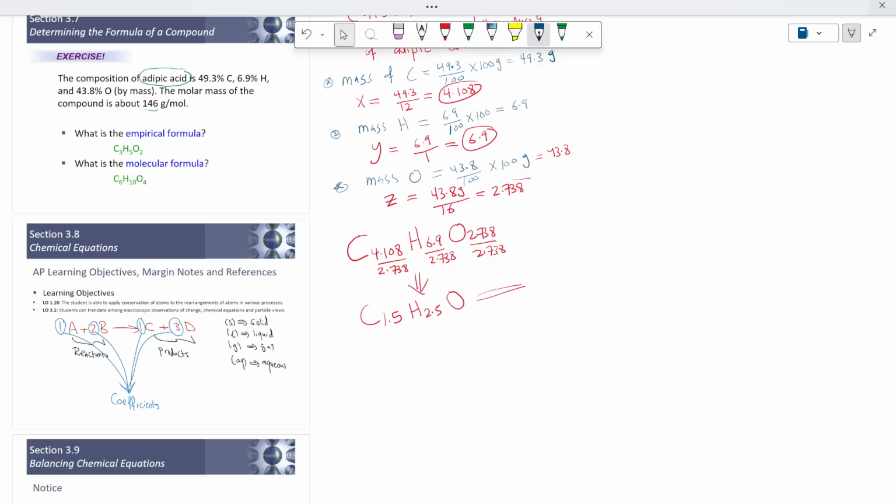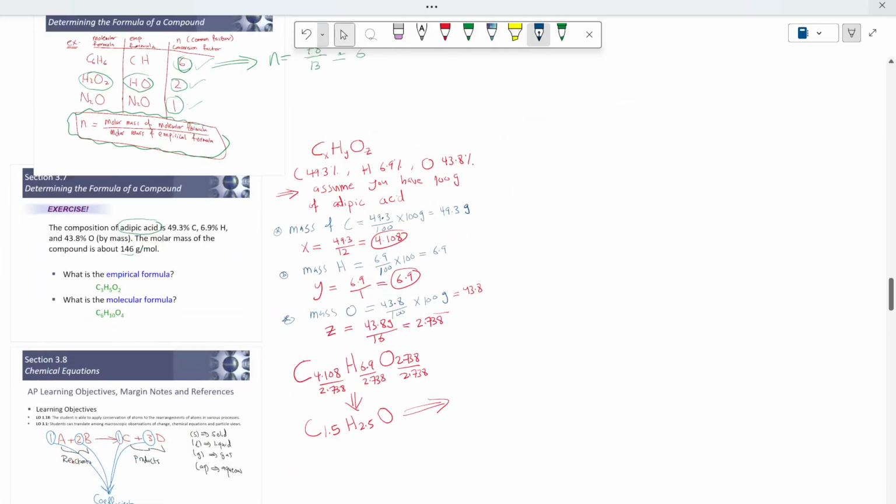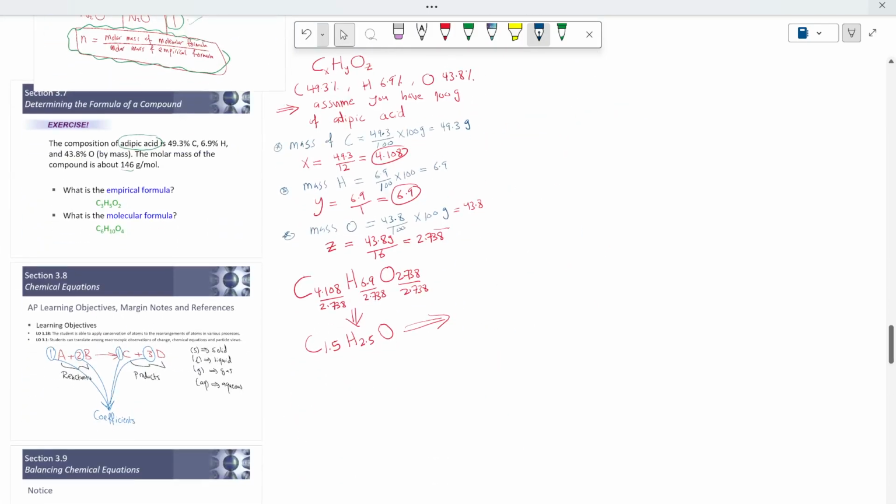This step is what? Just ask yourself, what is the smallest integer that can convert these subscripts into whole numbers? Which integer can we apply to convert these subscripts into whole numbers? The answer is 2.